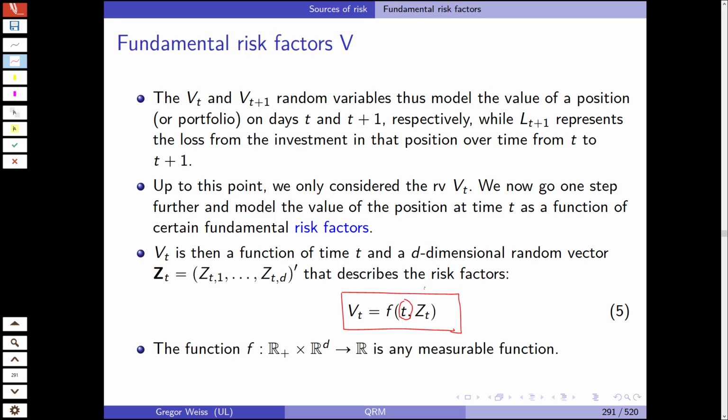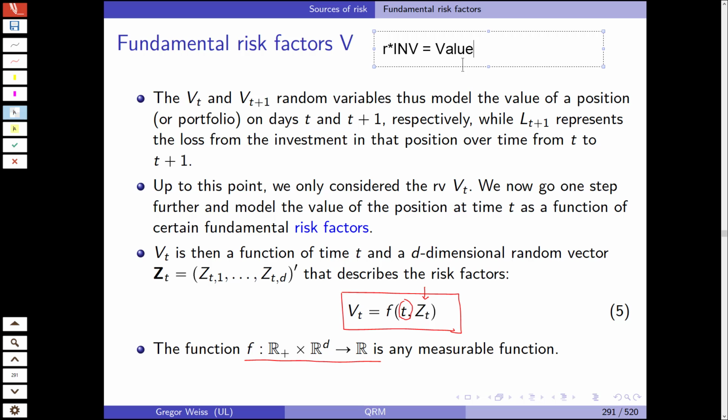What could these risk factors be? It could be interest rates, default rates, or future forecasted cash flows. And this function can be any measurable function. It can be any function that maps the risk factors to a certain value of your position. A very simple idea could be to say, well, for a stock price, we have the return times your investment, and it gives you the value.